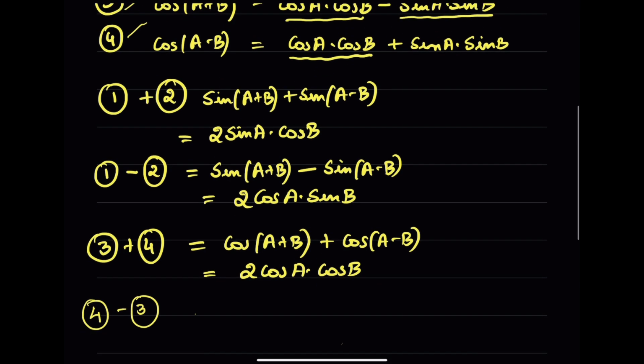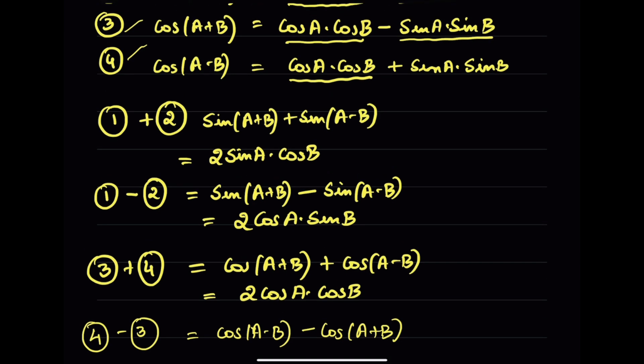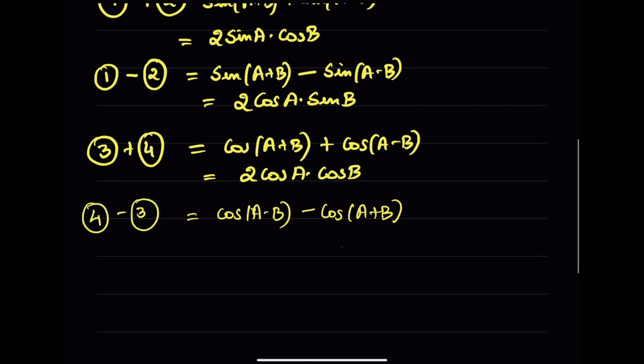So 4 minus 3 is nothing but cos of a minus b minus cos of a plus b. So if you observe the formula, cos a cos b is common between the two. So we would have 2 times sin a sin b.